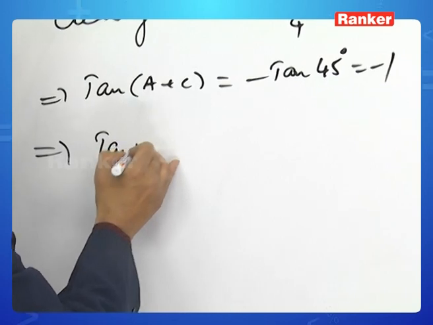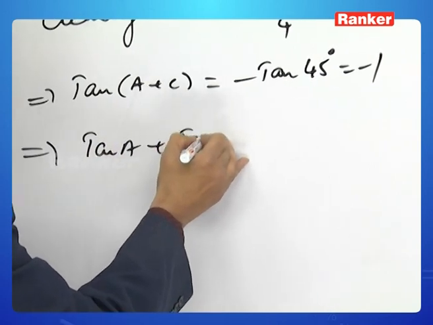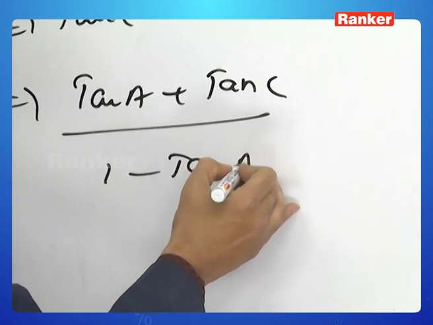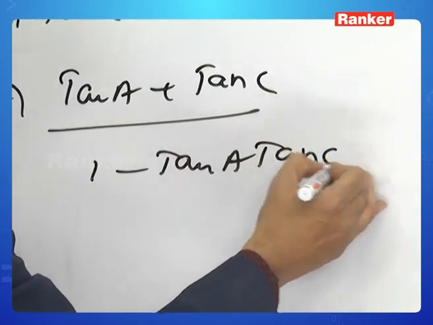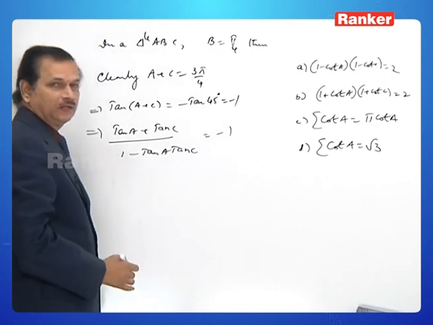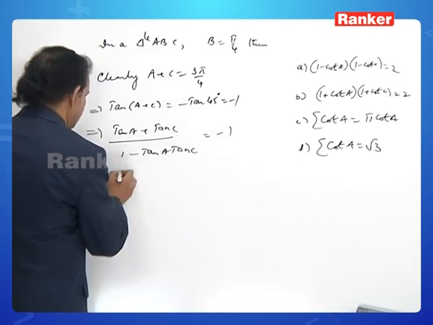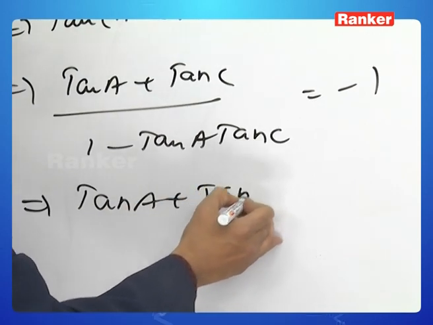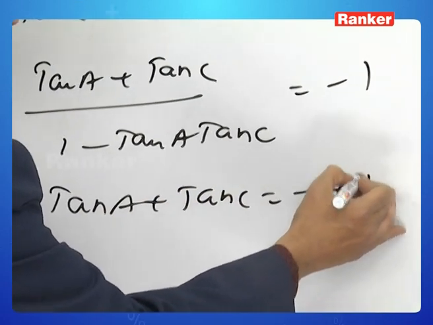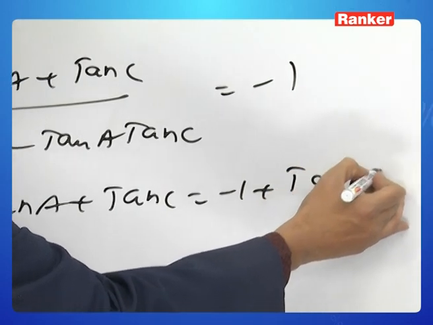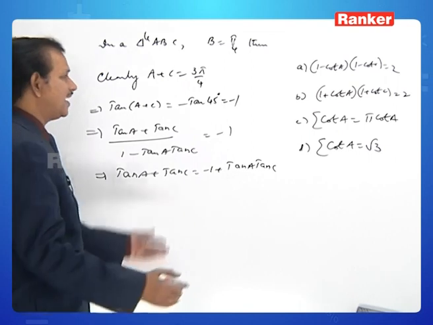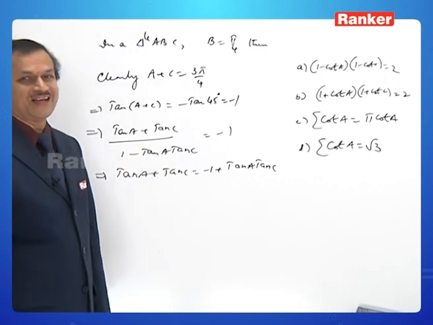Tan A plus tan C by 1 minus tan A tan C is therefore equal to minus 1. You just cross multiply. What is going to happen? Tan A plus tan C is equal to minus 1 plus tan A tan C. Well, my dear, we would like to have cotangent functions but not tangent functions.